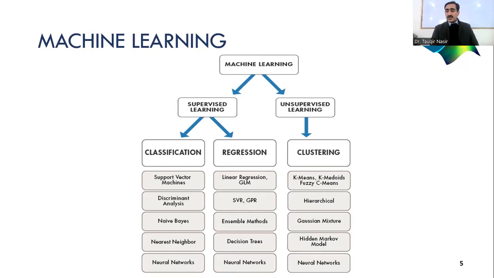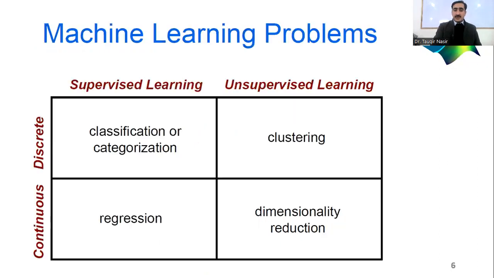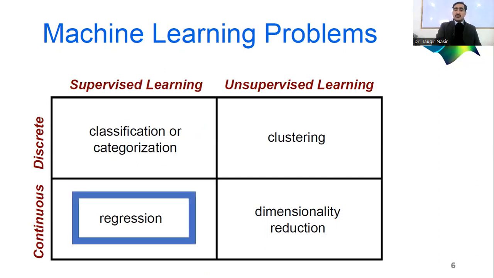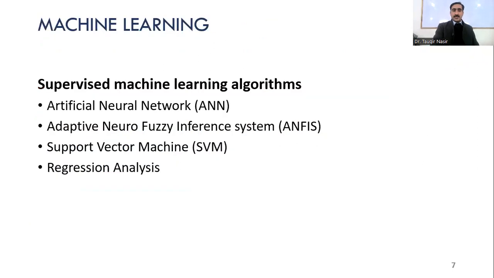In this study, we use the regression techniques, such as linear regression, SVR, and others. In machine learning problems, we can have discrete solutions and continuous solutions. So in this study, we have used the regression techniques.